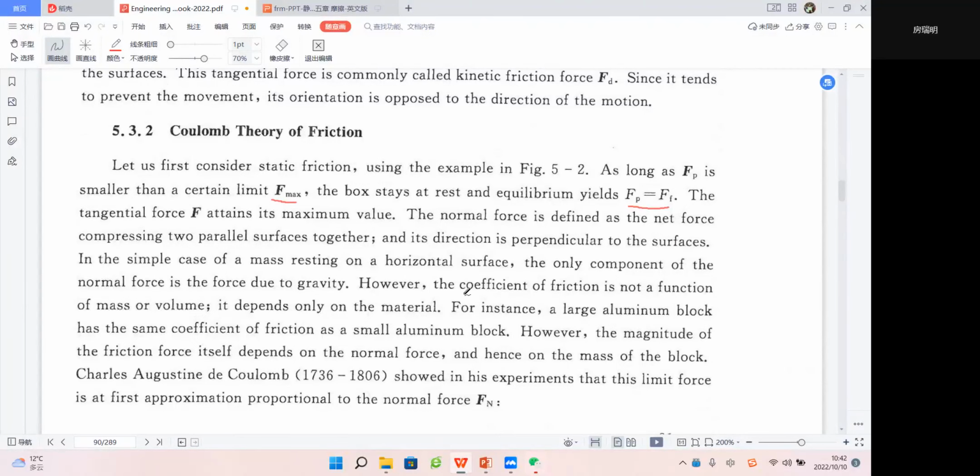However, the coefficient of friction is not a function of mass or volume. You know, this is important. It depends only on the material. That experiment was tested by Coulomb, maybe. So, for instance, a large aluminum block, you know, this is a kind of famous material.